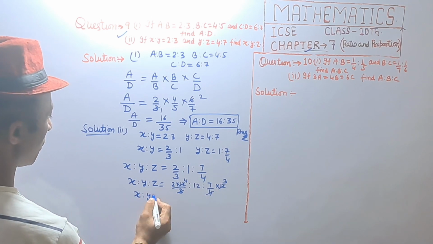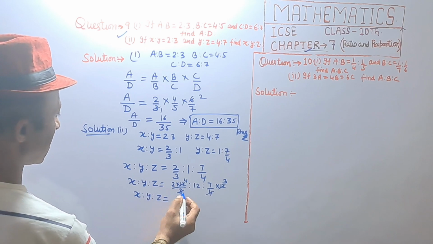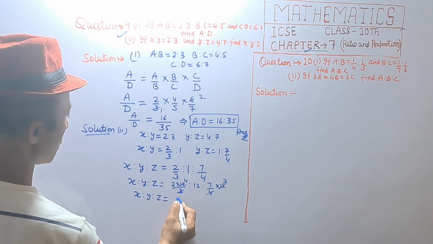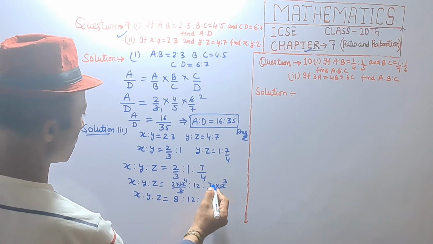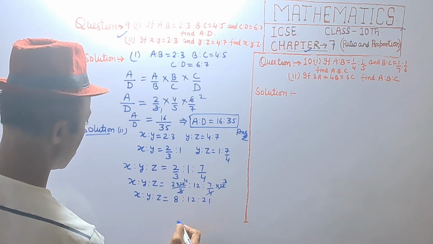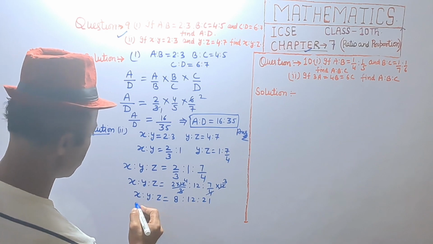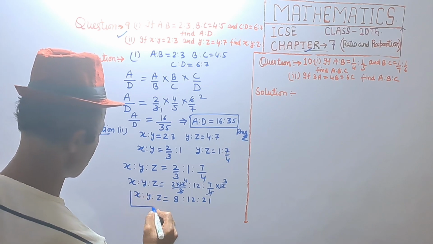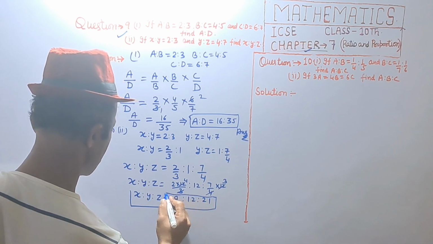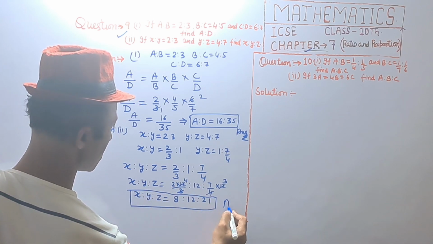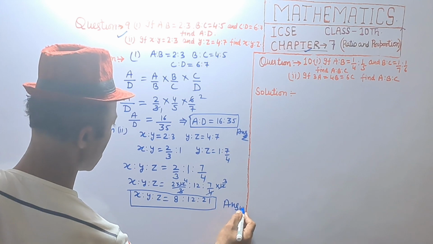X ratio Y ratio Z is equal to 4 twos are 8 ratio 12 ratio 21. Answer.